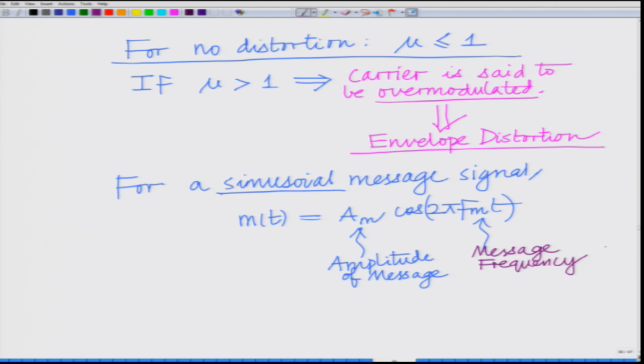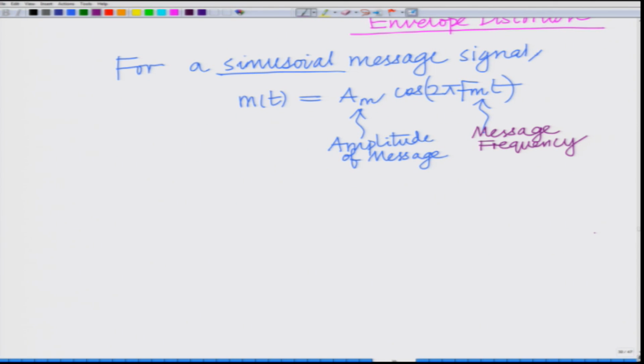You can see the minimum value of Am cosine 2 pi fm t is minus Am.